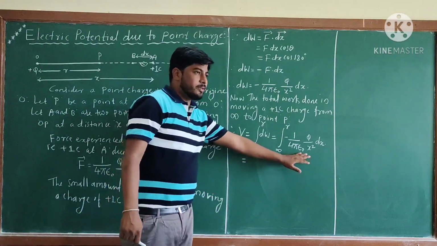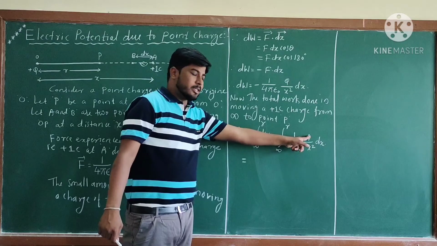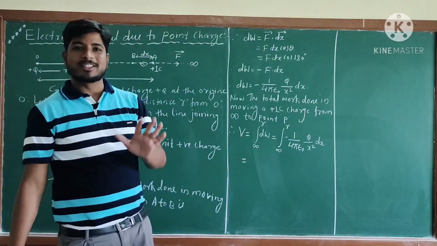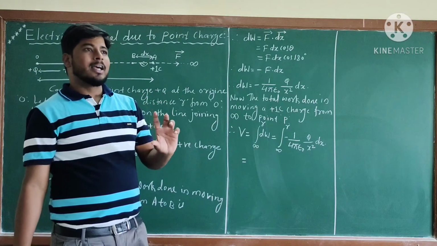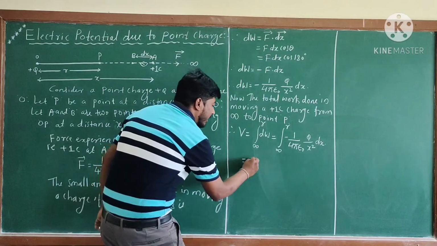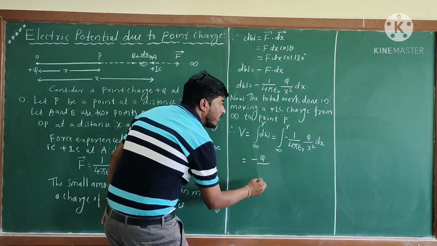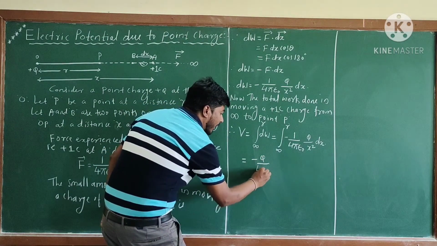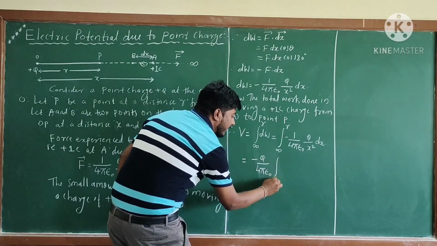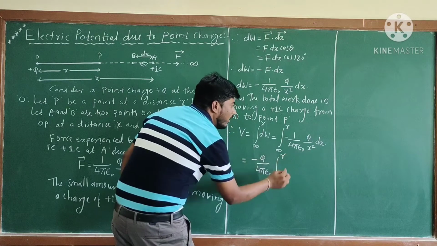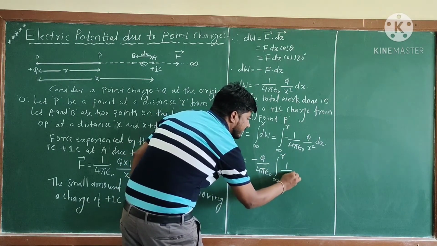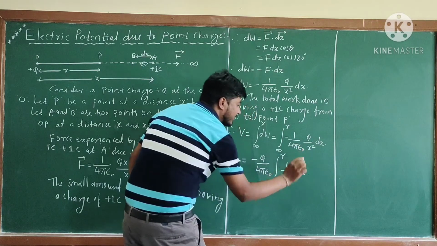Therefore, in this equation, charge and 4 pi epsilon naught are constant. The point charge and the constants are taken outside. So it is minus q divided by 4 pi epsilon naught, integration over infinity to r. What remains inside? It is 1 divided by x square into dx.